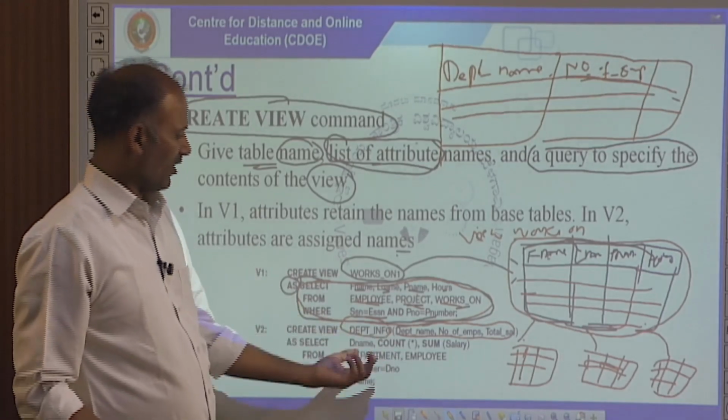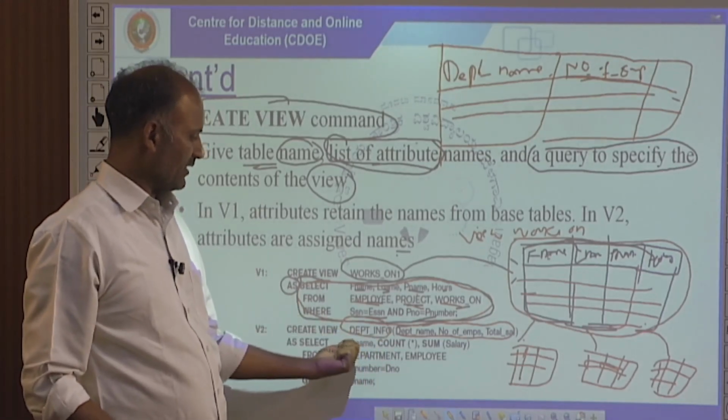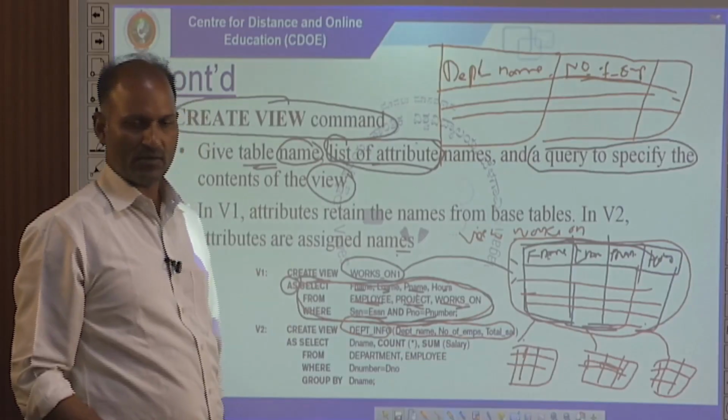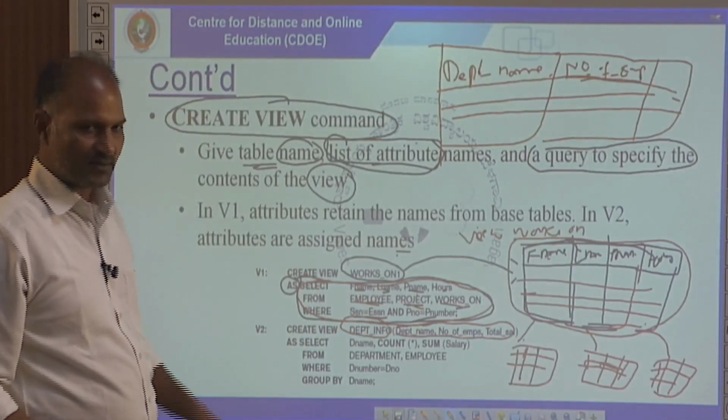Otherwise, whatever the columns are, such as D name, count of star, and sum, they will appear as they are.